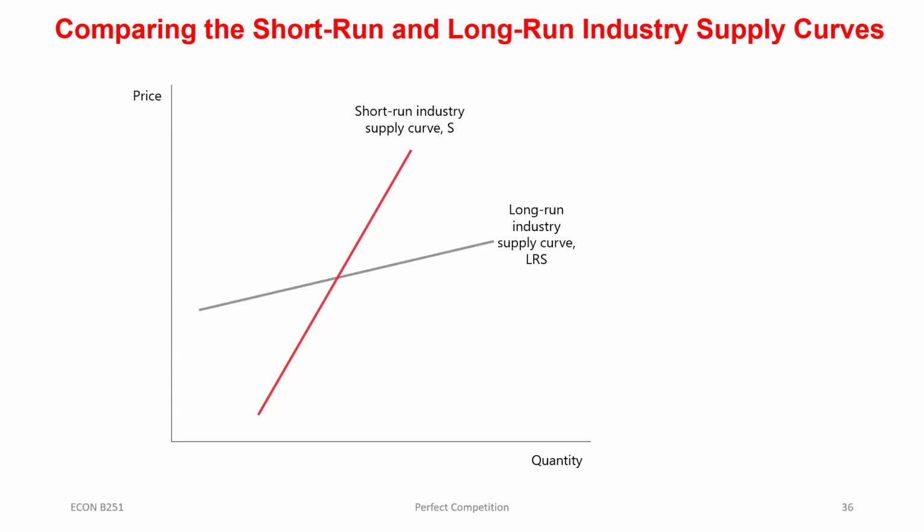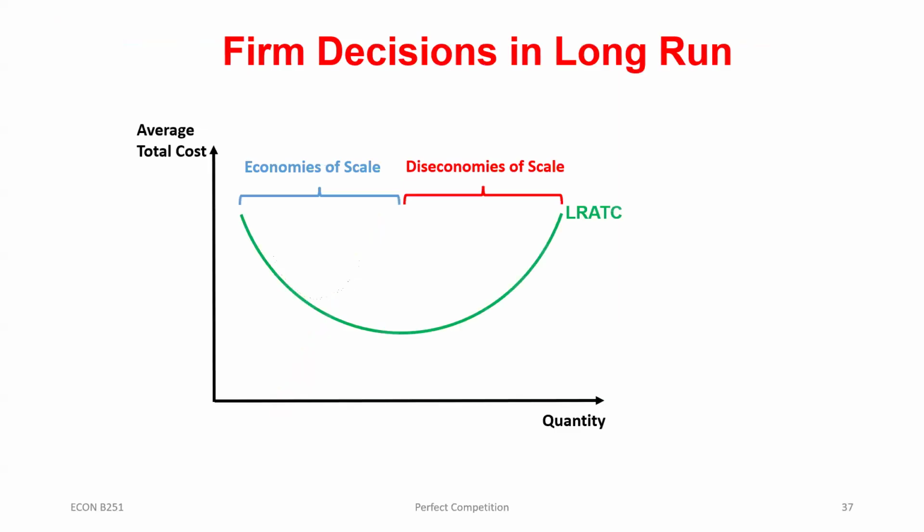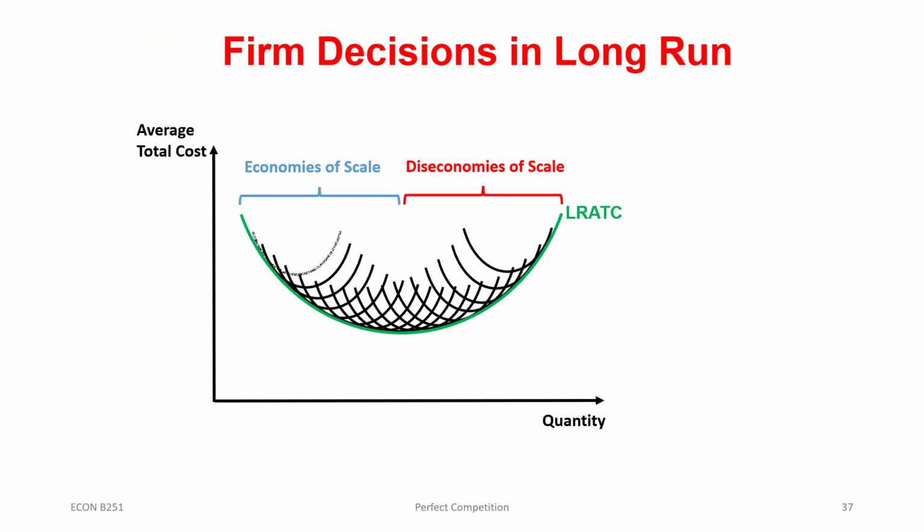So with this idea in mind of moving from that short to the long run supply curve, we're going to revisit something we talked about at the end of module 9, which is, okay, I can change my production facility. If I want to increase my quantity, at a certain point in the short run, if I'm stuck on this cost curve here, if I want to increase quantity, eventually I have to start to move to higher points of my average total cost curve.